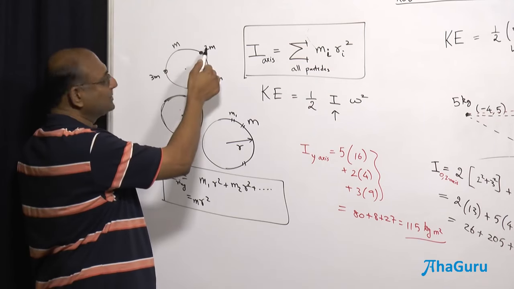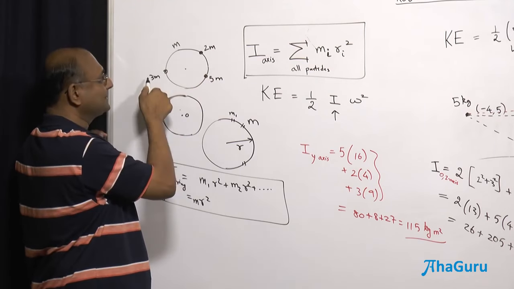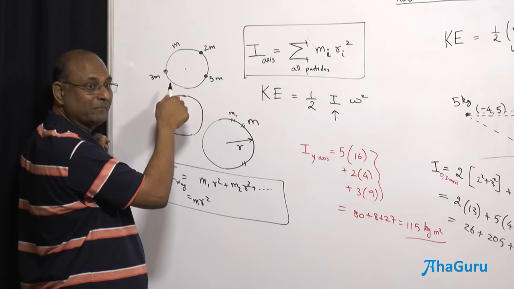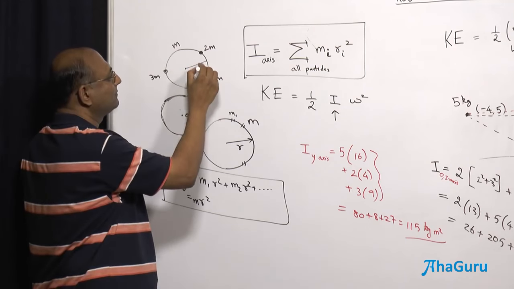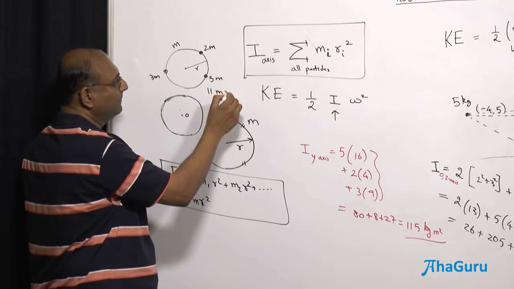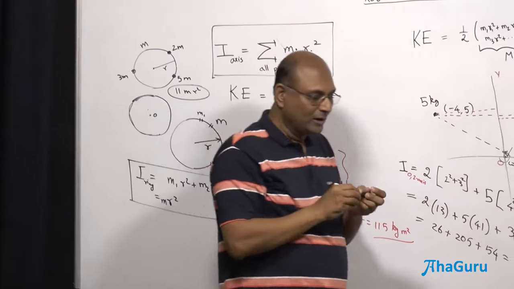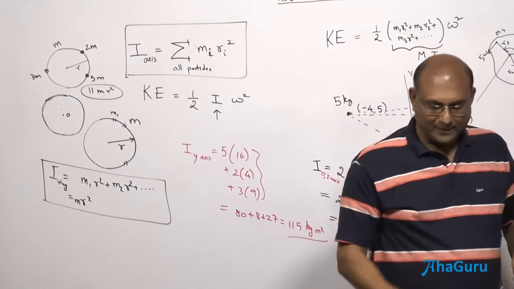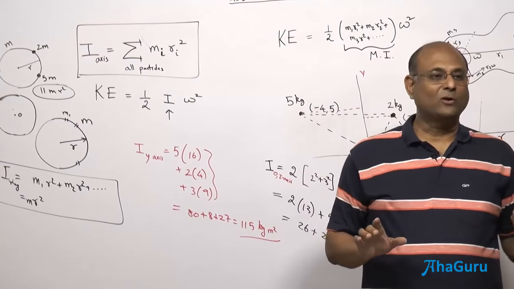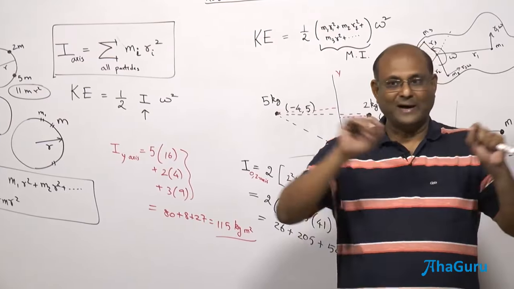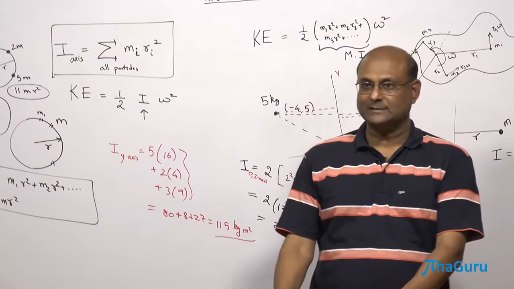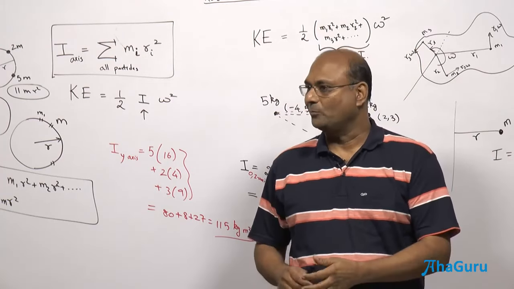So it is m plus 2m plus 5m plus 3m, which is 11m r square. I hope the idea is clear. So the basic concept is that all we need to look at is how far away each point particle is, as long as you can cut it up into point particles.